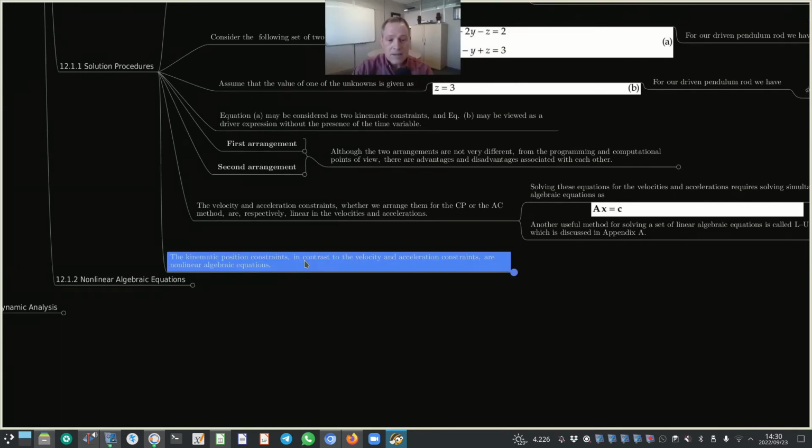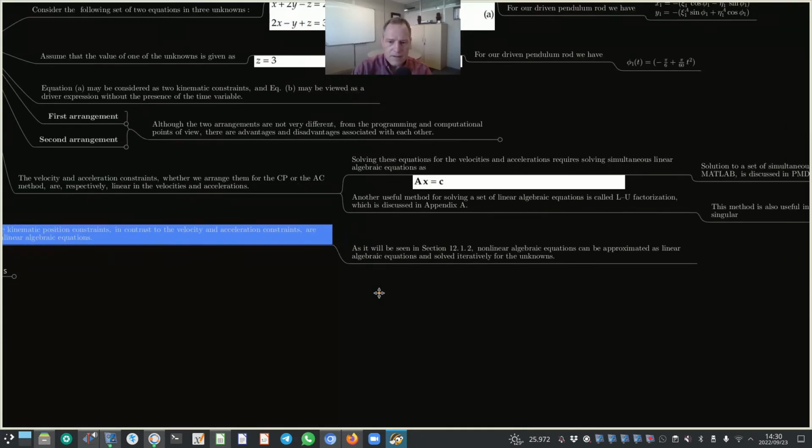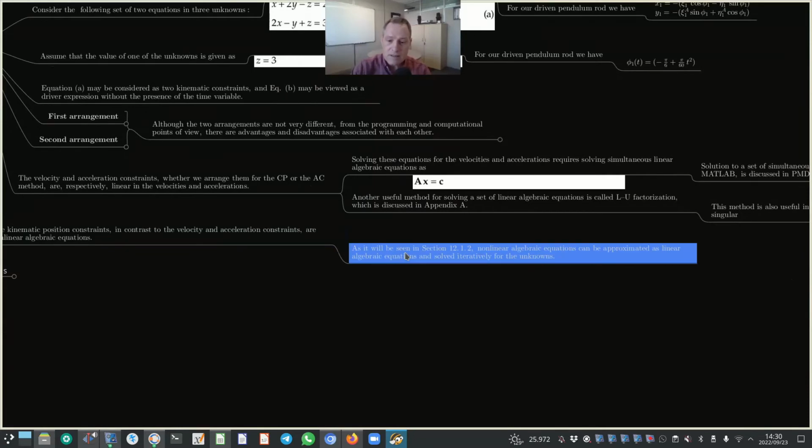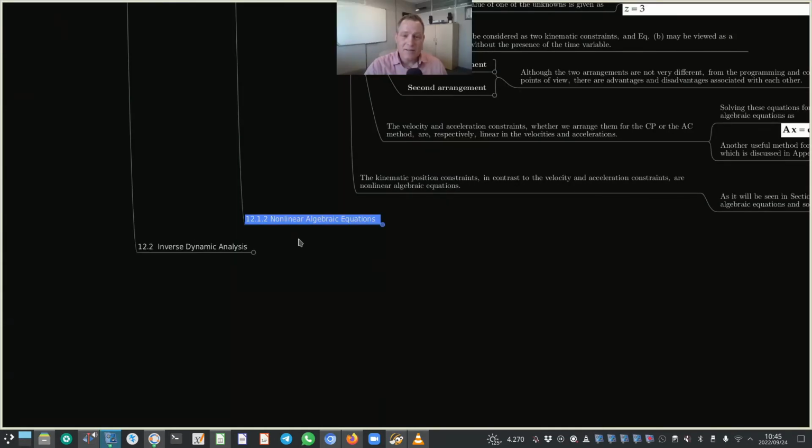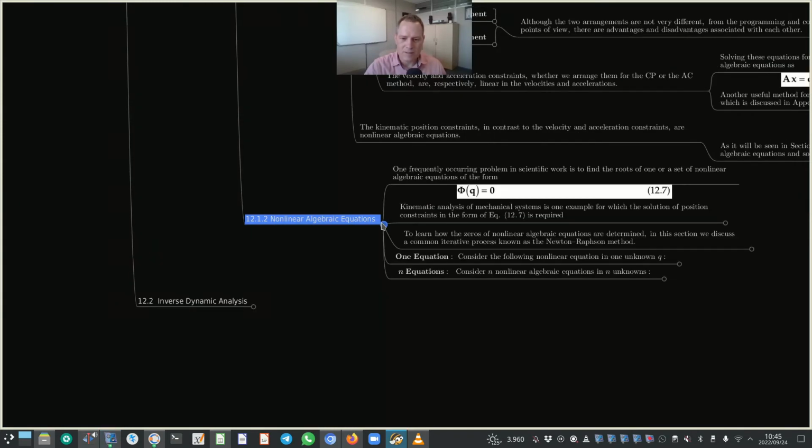Now, the kinematic position constraints, in contrast to the velocity and acceleration constraints, are nonlinear algebraic equations. Okay, so as will be seen in section 12.1.2, nonlinear algebraic equations can be approximated as linear algebraic equations and solved iteratively for the unknowns. So let's dive into subsection 12.1.2, nonlinear algebraic equations.